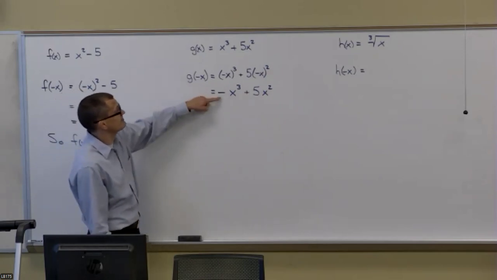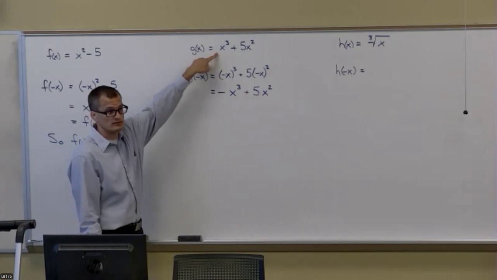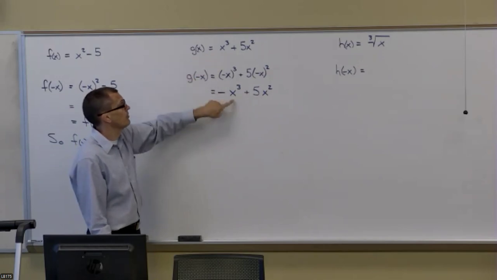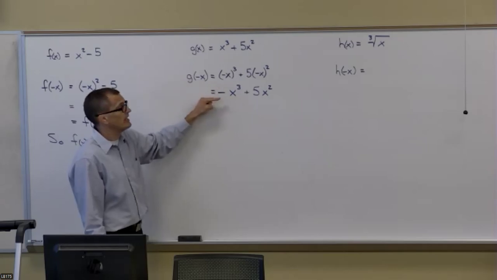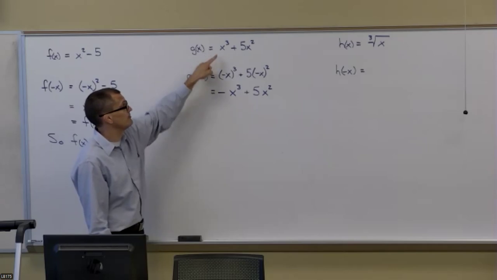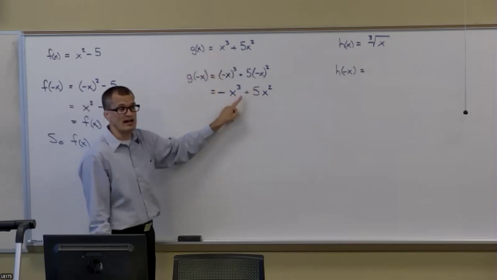Now, this is not the same thing as my original function. So this is not even. g of x is not even. It's also not the negative of my original function. This term is negated, but this term is not.